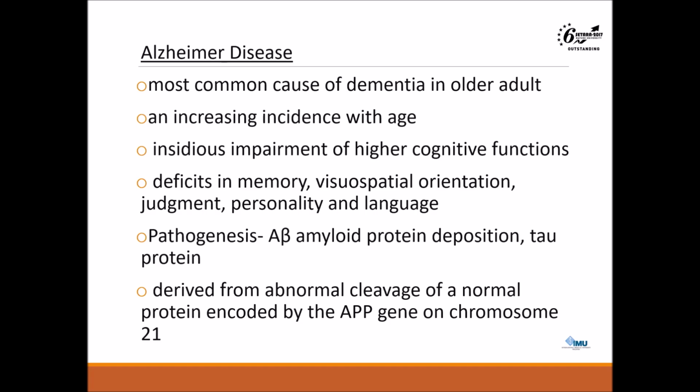The pathogenesis is abnormal protein deposition like A-beta amyloid proteins and tau proteins. They are derived from abnormal cleavage of normal proteins that are coded by the APP gene on chromosome 21.